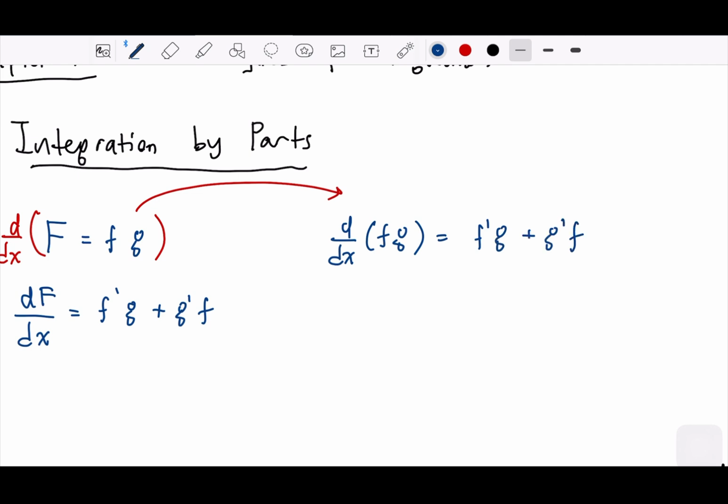Let me write the f prime in terms of d/dx. So I would like to write d/dx only for f and then g, plus d/dx of g and then f. Okay, this is a normal product rule.